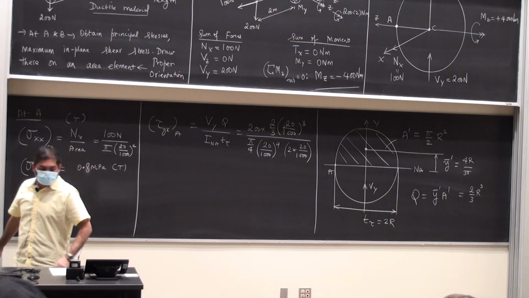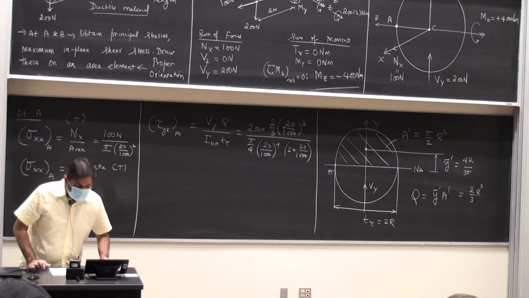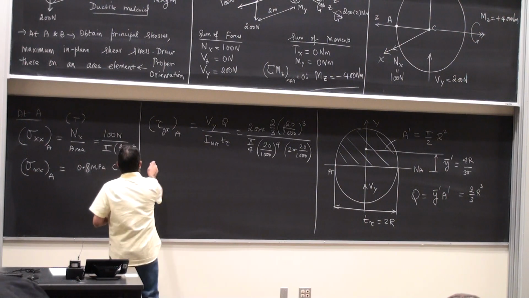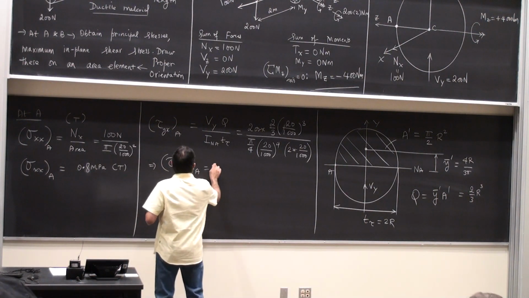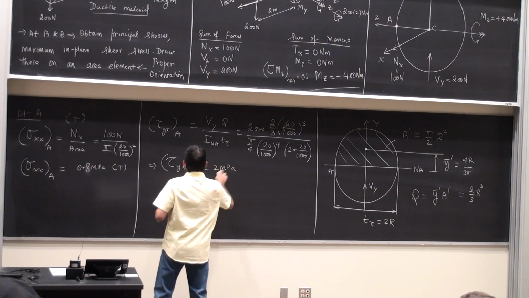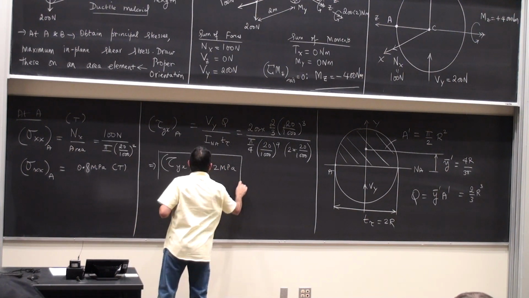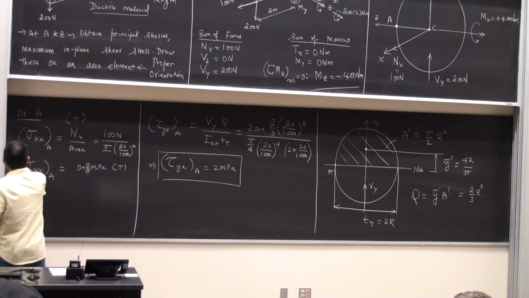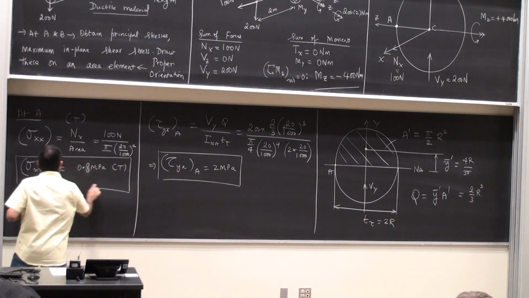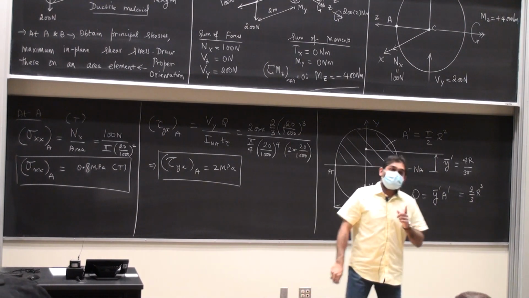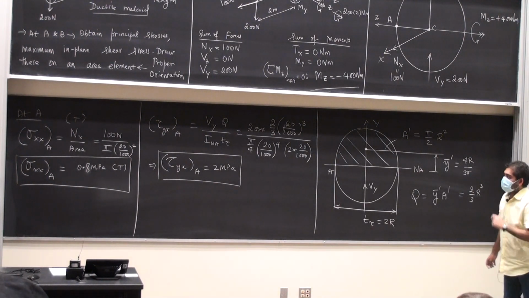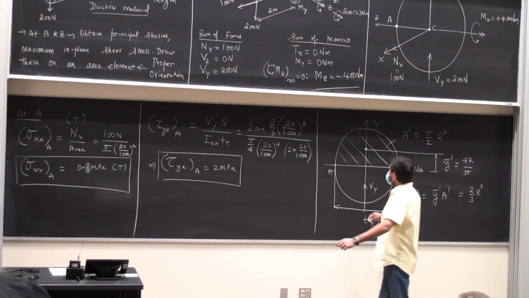And I believe my number on this is right. This is around 2 megapascals. Direction of the shear stress, very important, because you've got to draw the area element and the volume element as well.